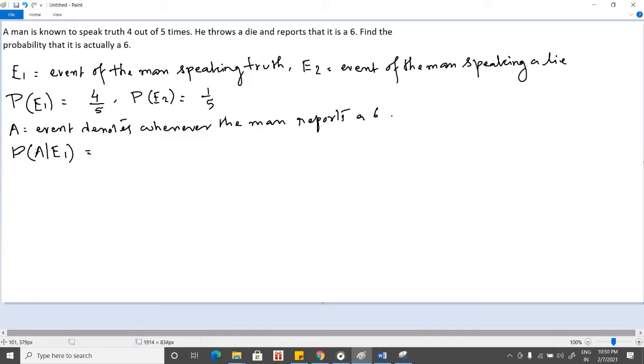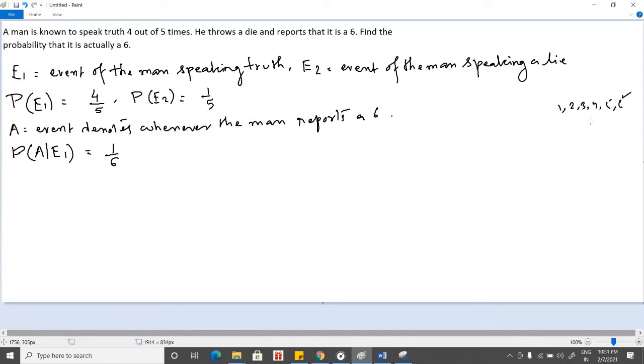So what does this notation mean? This notation means that we are finding out the probability that the man has reported 6, considering that he is speaking the truth. So that probability will be 1 by 6. Why? Because when a die is thrown, there are 6 outcomes that come up: 1, 2, 3, 4, 5 and 6, out of which 6 appears only once.